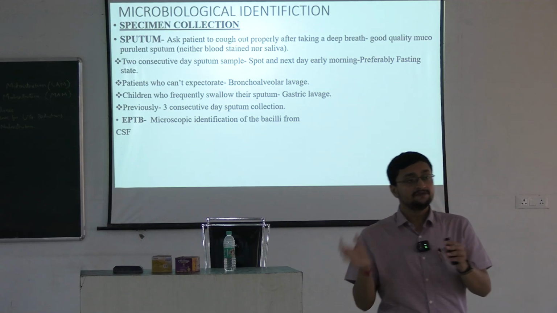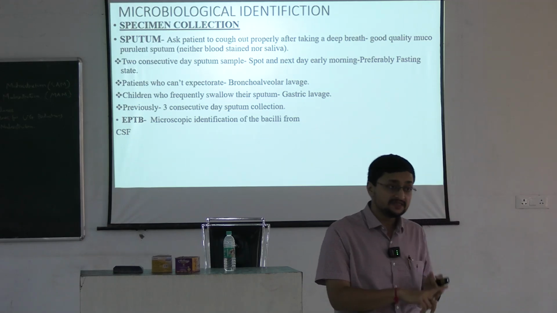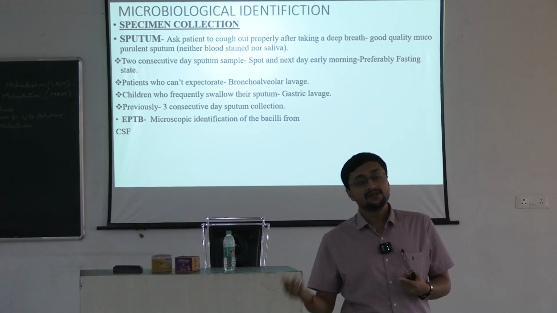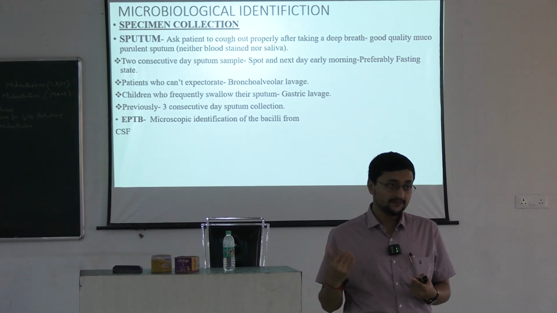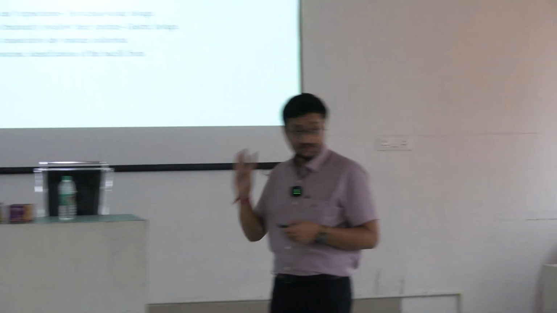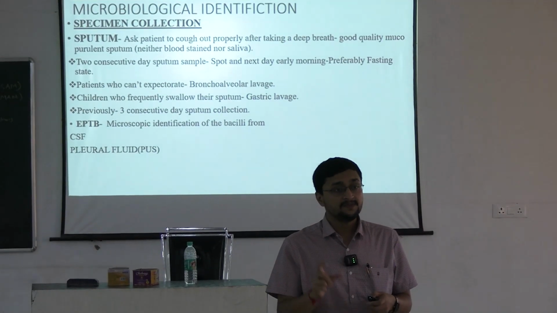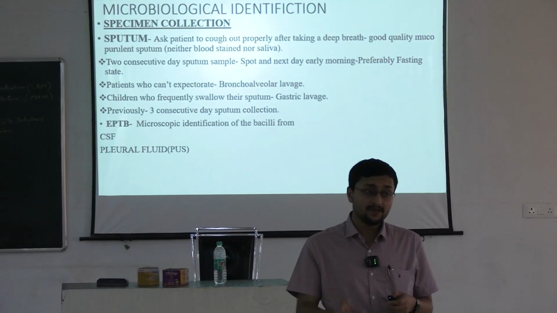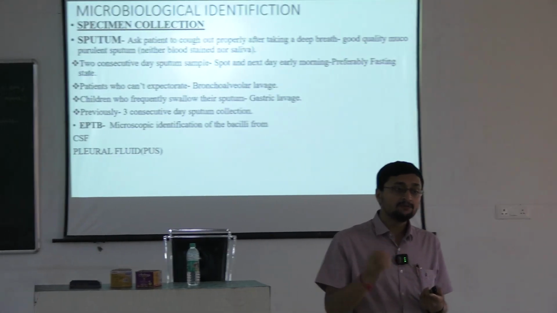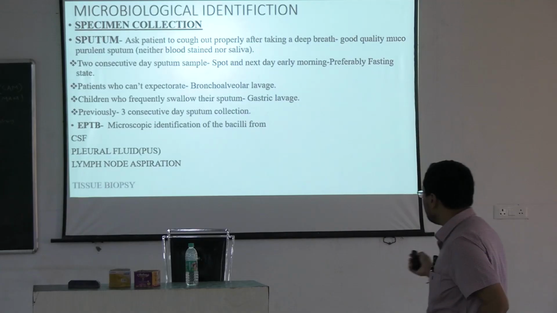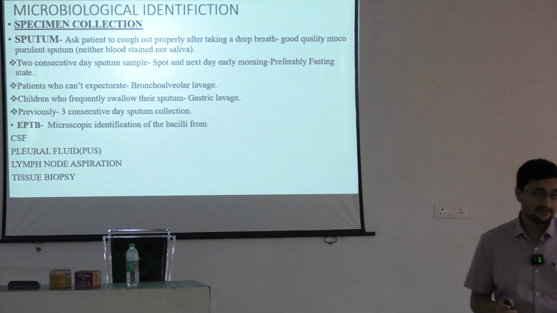So if you order CSF culture and CSF BACTEC culture, there may be certain AFB bacilli. So one specimen is CSF. Second one is pleural fluid pus, that means tuberculous empyema. In tuberculous empyema, you may find tubercle bacilli. Next is lymph node aspiration and tissue biopsy.